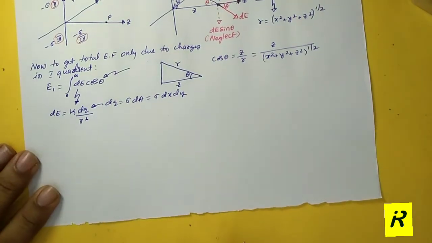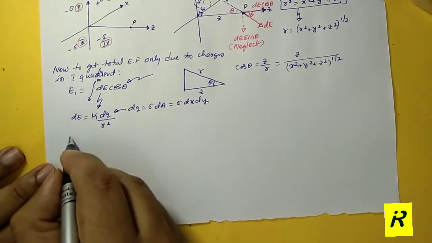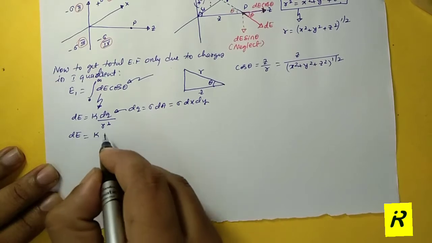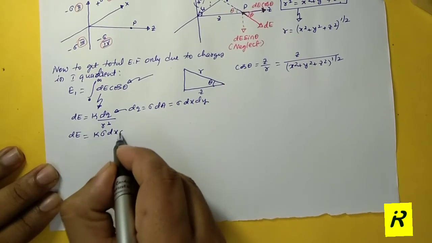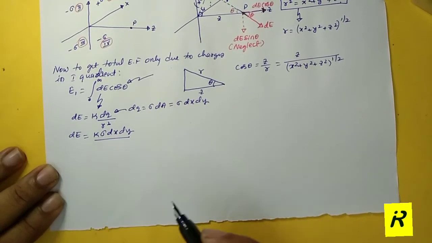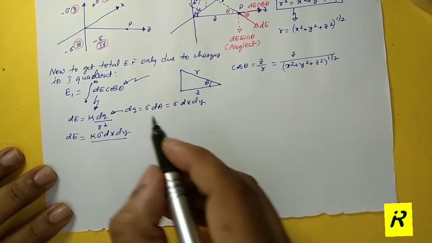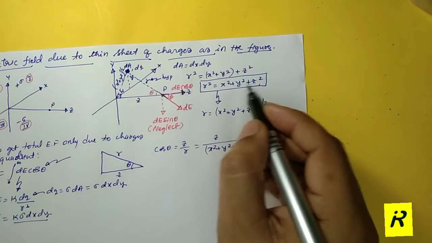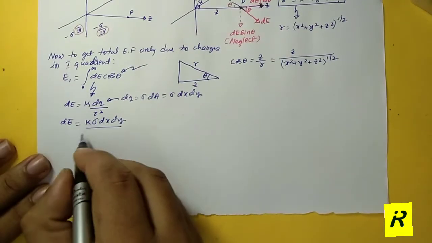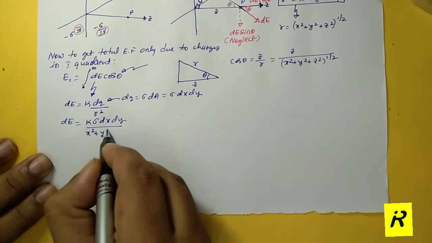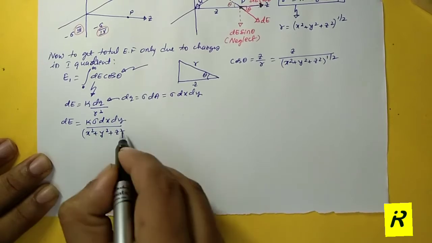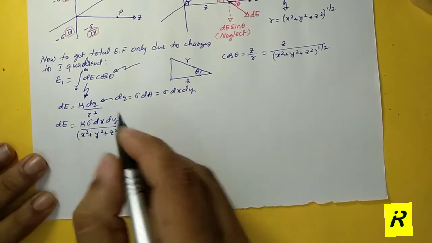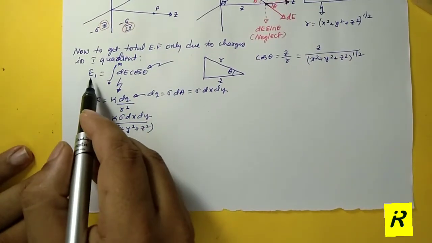So finally dE is k into sigma into dx dy divided by R square, and R square is x square plus y square plus z square.